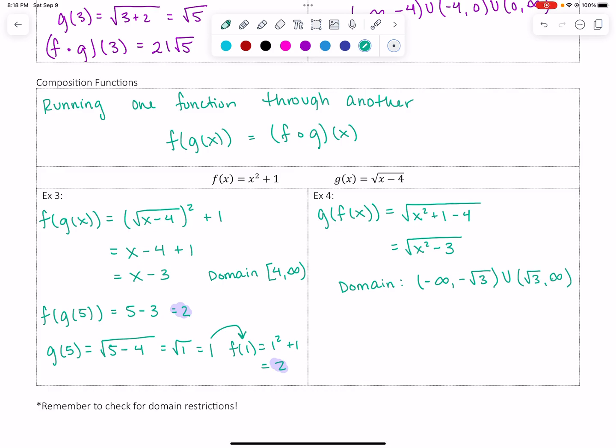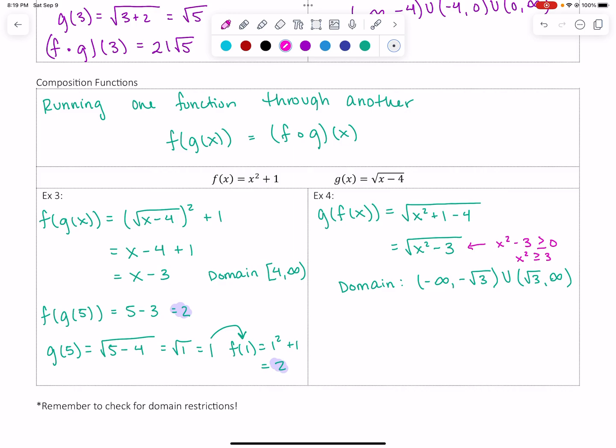And there's a few different ways that we know that. We know that because if we're looking right here, x squared minus 3 has to be greater than or equal to 0. We're going to change that sign there, and then we solve that one, and we know that x squared has to be greater than or equal to 3, doing our flips and solving from there. That's one way that we can think about it.